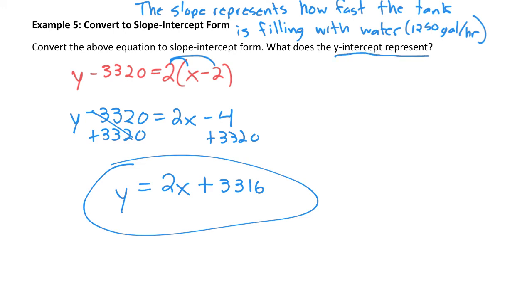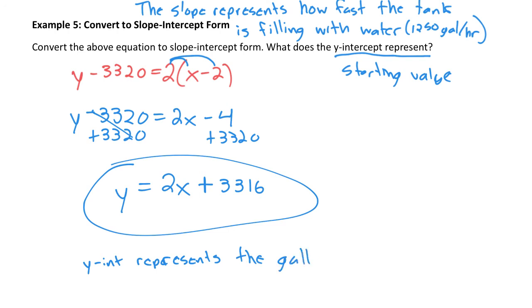What does the y-intercept represent? We've talked about this, the y-intercept represents a starting value. And I'm going to do a better job of describing that in the context of this problem. In the context of this problem, the y-intercept represents the gallons of water in the tank before it was being filled.